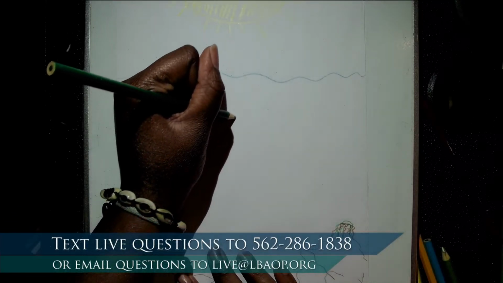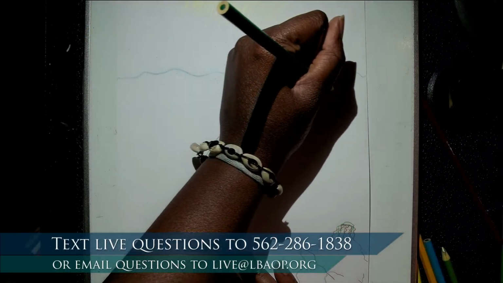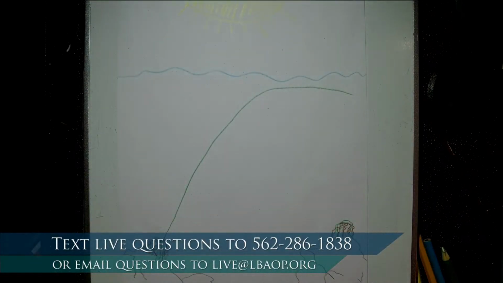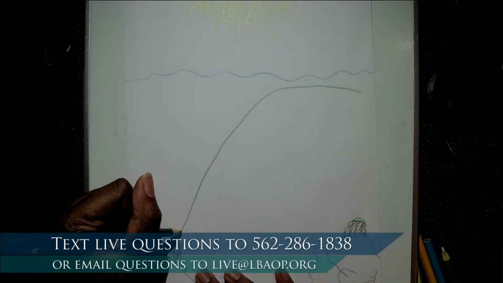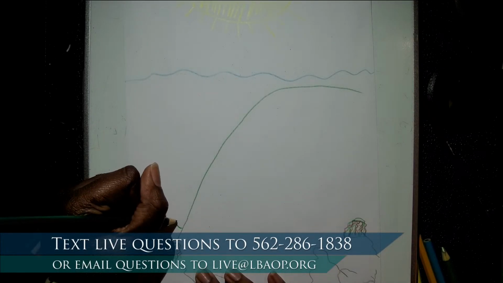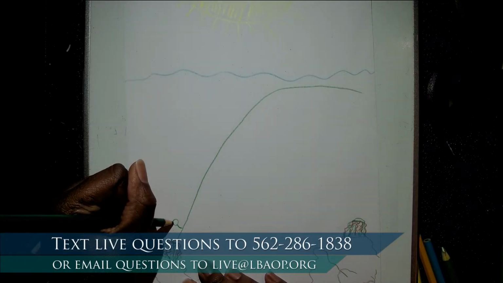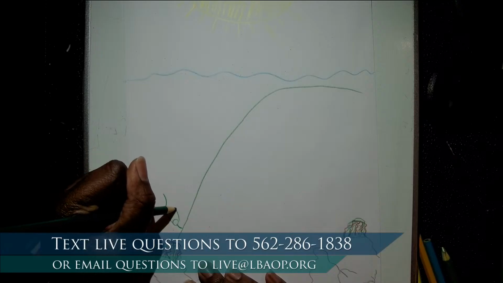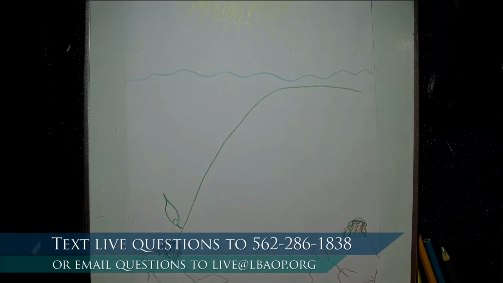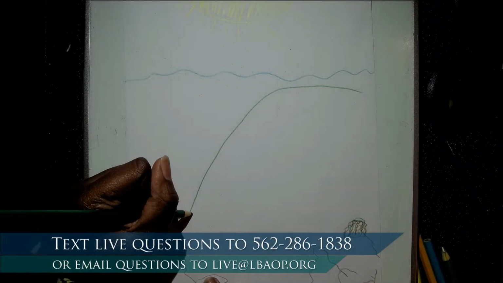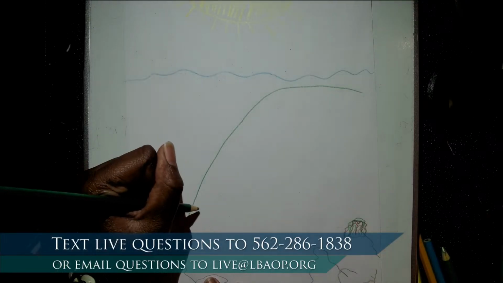Now what I'm going to add on here is a smaller stem with a pneumatocyst, just like that. And then I'm going to add the blade itself, just like that. I'm going to add these all along my stipe here.